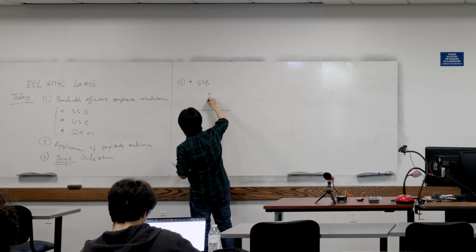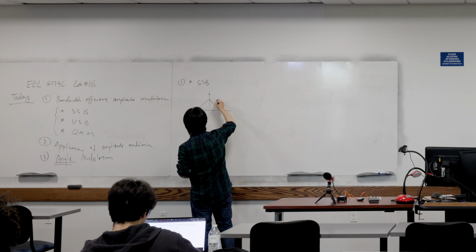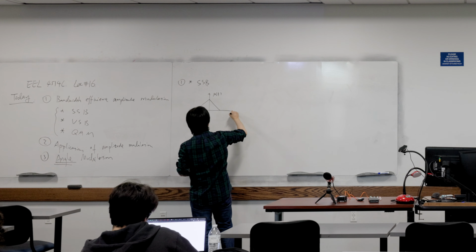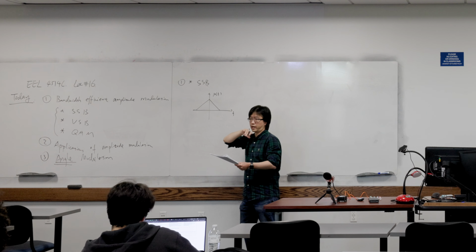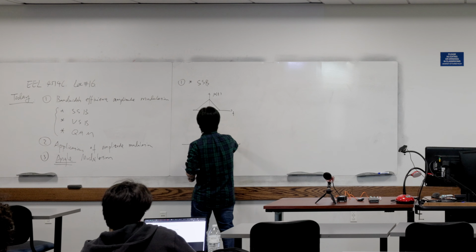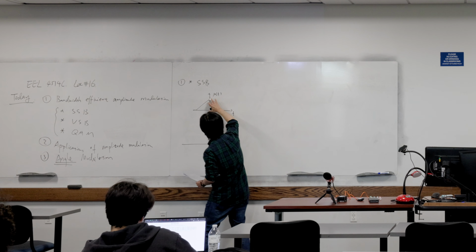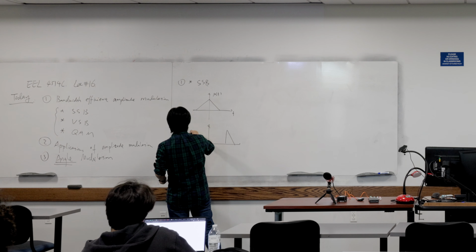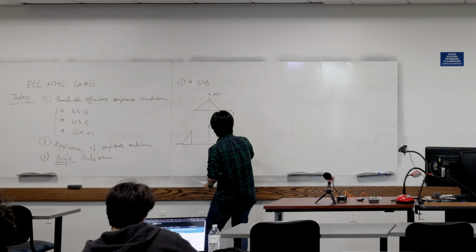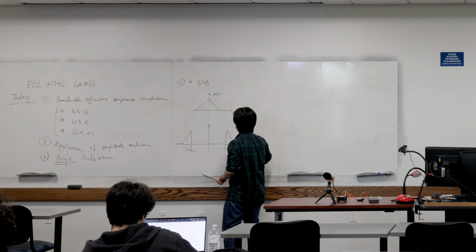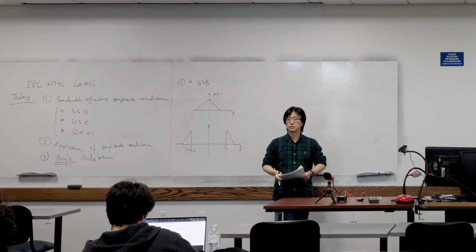Let's say this is our original signal, and to make it a little easier to draw, this is our M of f. In order to make our SSB modulation, we're going to move this part to here and then move this part to the other side. Here is our carrier frequency, f_c and minus f_c. So this is our SSB modulated signal.